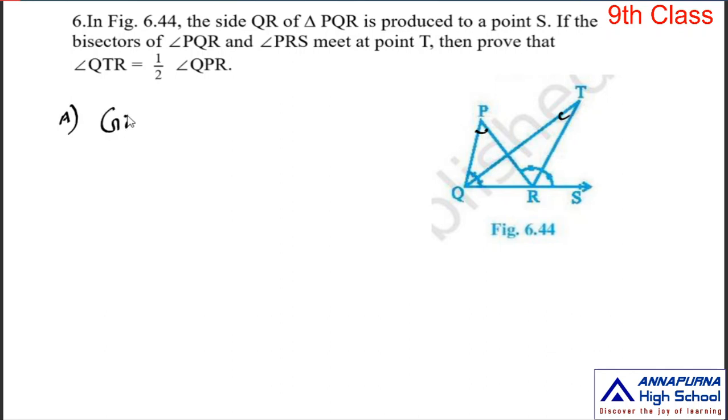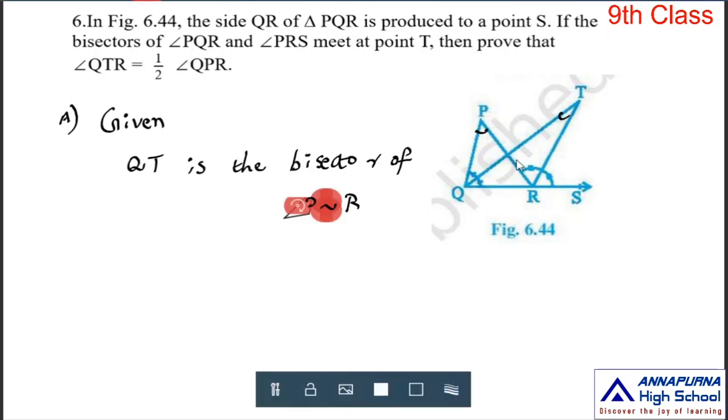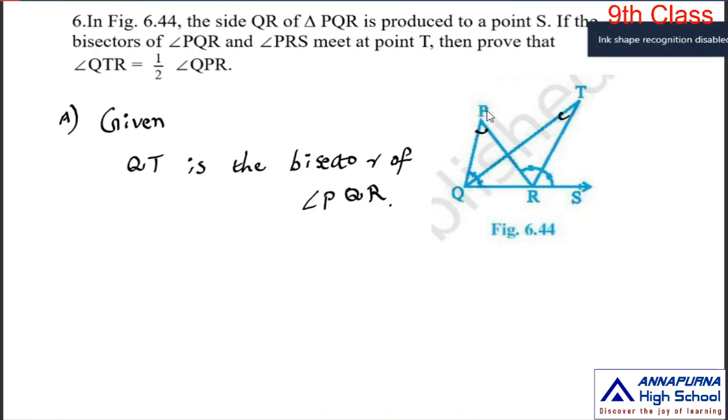Given: see the figure, QT is the bisector of angle PQR. That is, angle PQT is equal to angle TQR.